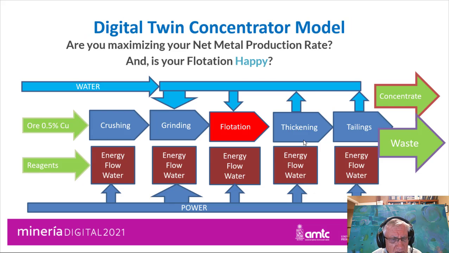So we modeled that through a digital twin concentrator model where we put objects, which are the crushing, grinding, flotation, thickening, and tailing. And first of all, we manage the whole energy that we are using in each of these steps. We try to maintain the flow as fast as we can. So that's the maximum throughput that is represented through the combination and the synchronization of all the steps in the plant.